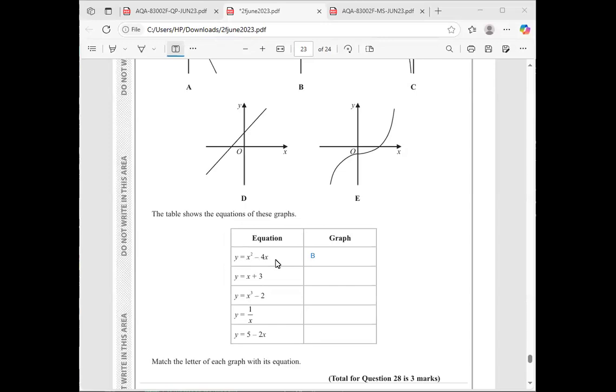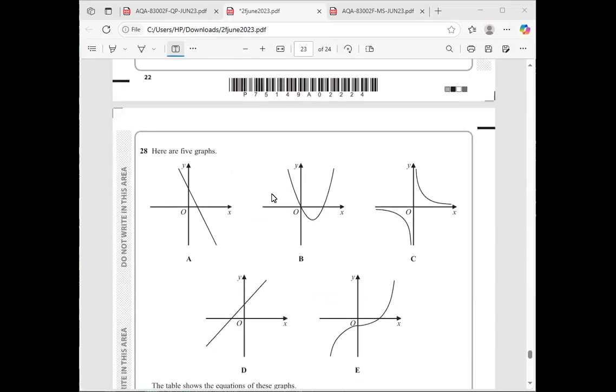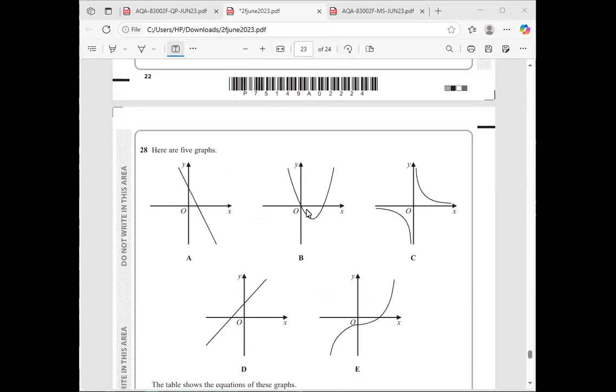In y equals x squared minus 4x, the coefficient is positive, which means its graph opens towards the positive y-axis. That's why I'm even more sure that B is correct, because this graph opens up, facing the positive y-axis.